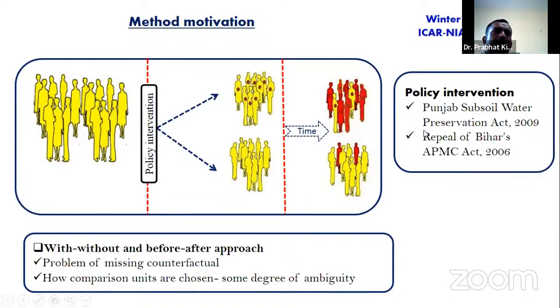Here also Bihar is a single treated unit, and we want to know the impact of this type of enactment or intervention on some particular variable. For the first case, it was the impact on the groundwater level. For the second case, maybe agricultural GDP, prices and so on.